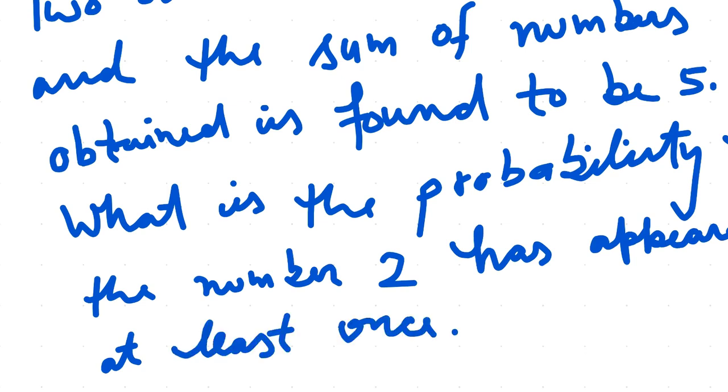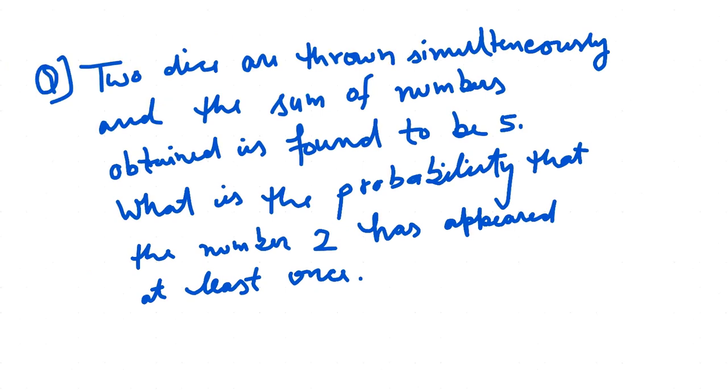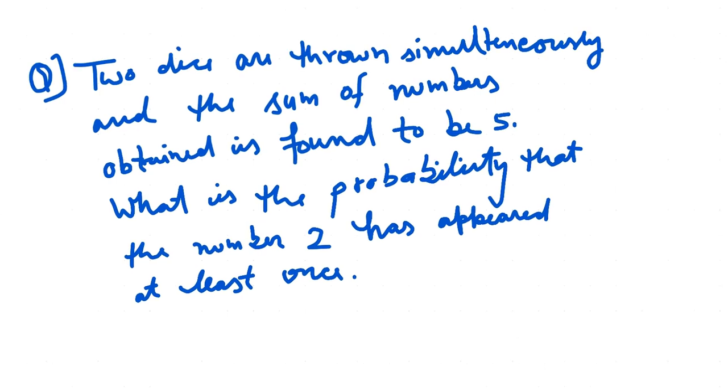It means we need to find the probability that the number 2 has appeared at least once when the sum of numbers on both dice is found to be 5.